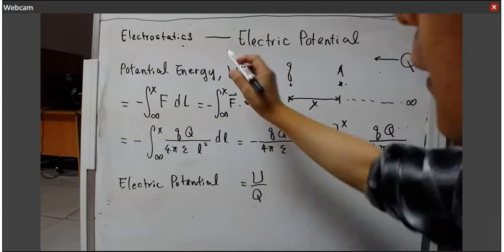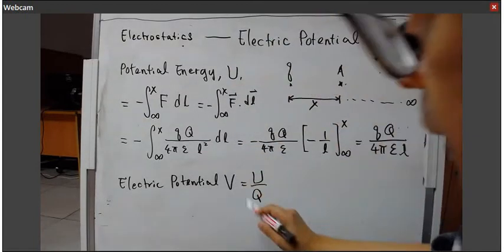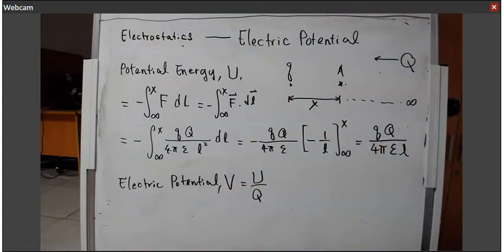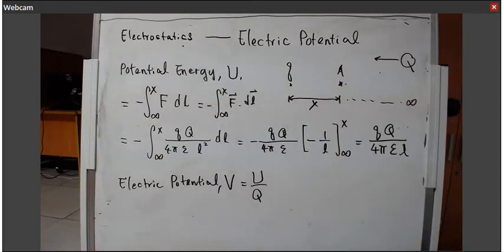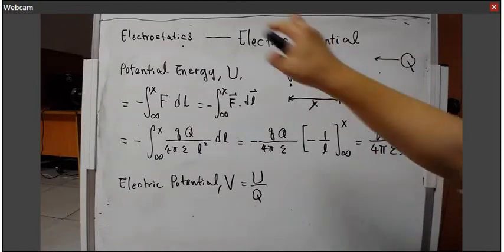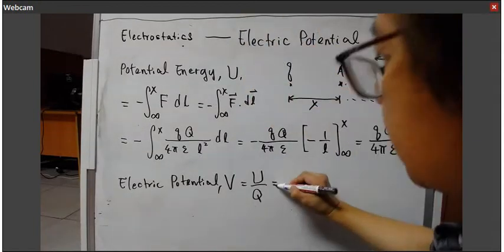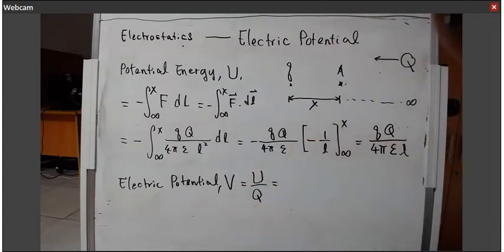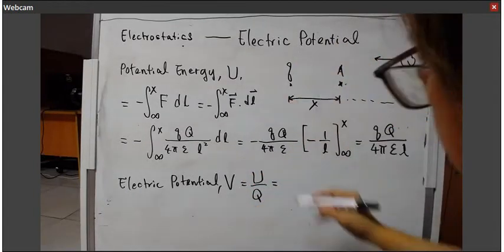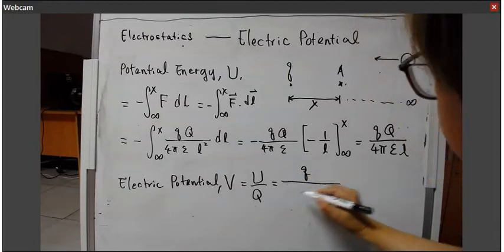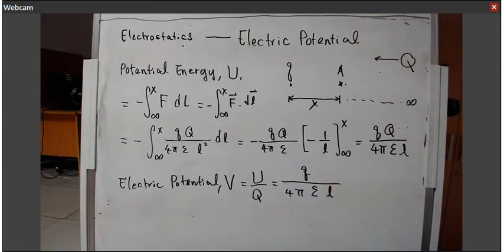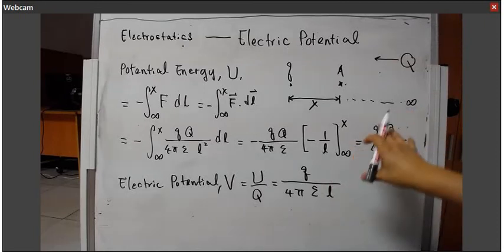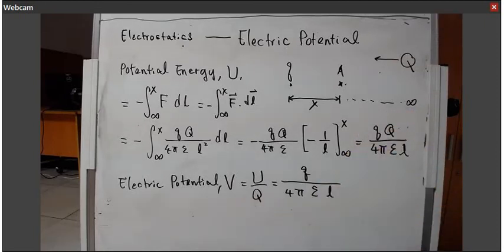Normally we use V to represent the electric potential, and U to represent the potential energy. So according to this formula, the electric potential of a point charge is equal to Q over 4 pi epsilon L. The big Q disappears because the whole formula is divided by big Q.